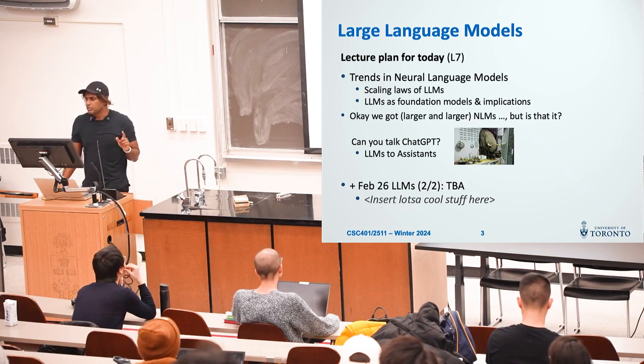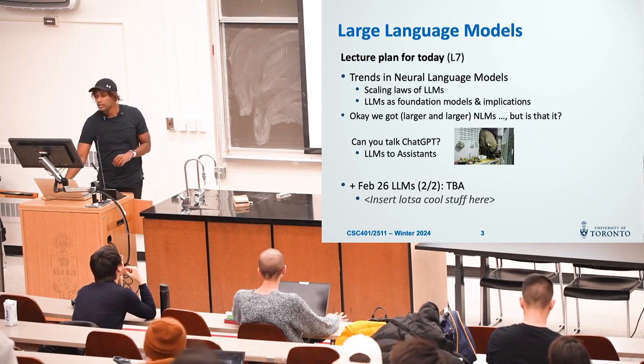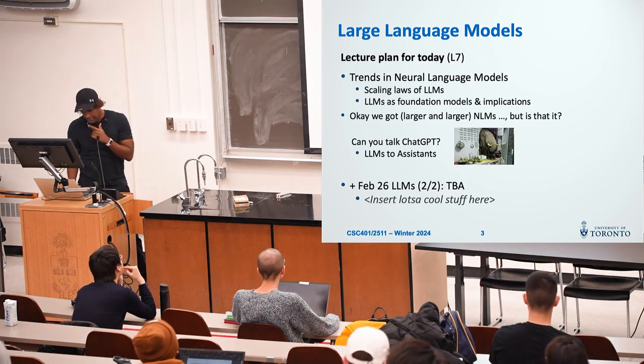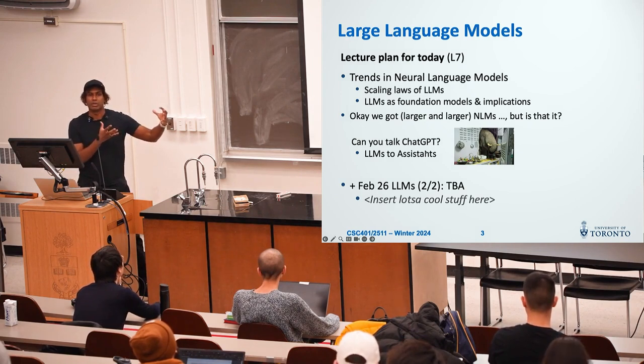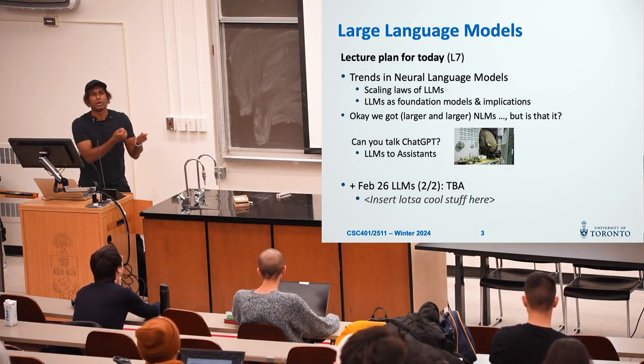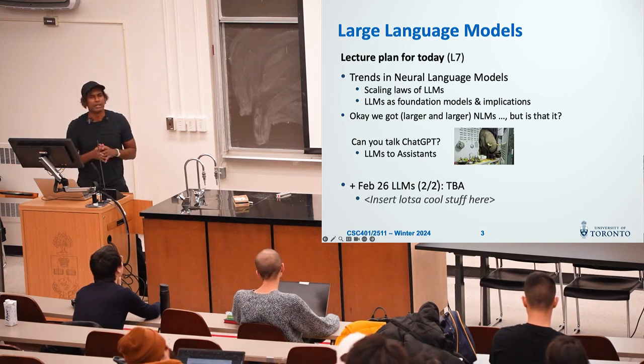So we'll quickly talk about that. And then we're going to talk about ChatGPT: how do we get from these really large models to a language model that can follow instructions? Okay. And then next lecture, depending on the time, we'll talk about more LLM stuff.